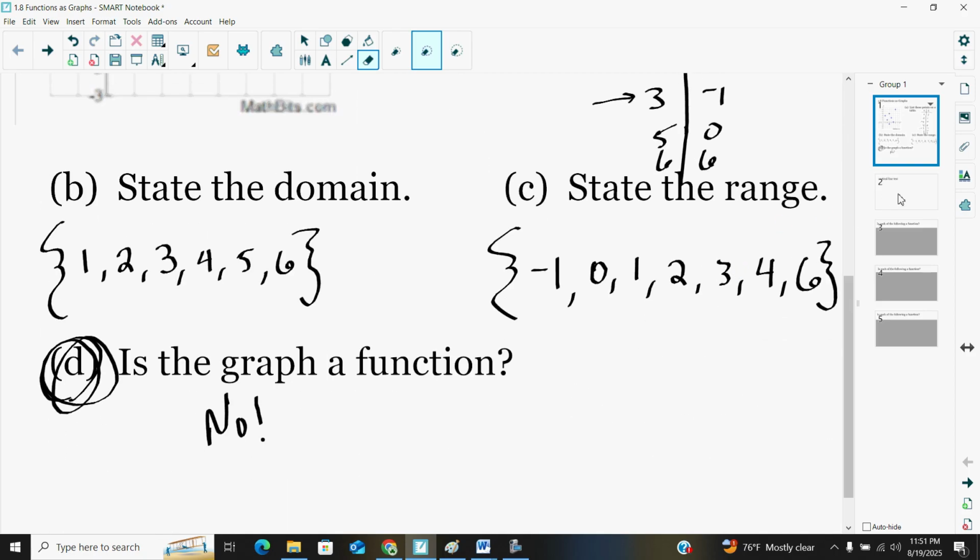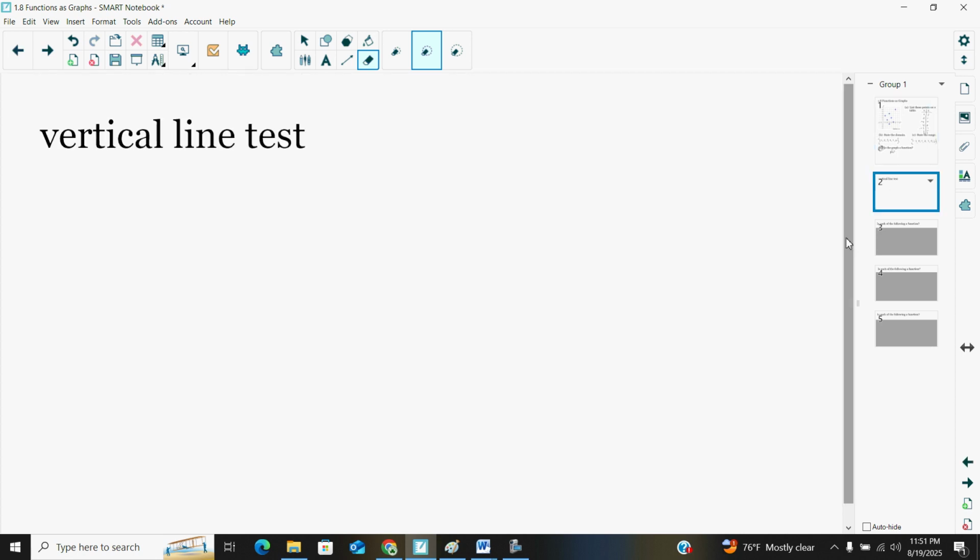And what we're going to do is called the vertical line test. The vertical line test. Yes, this should go in your notes.